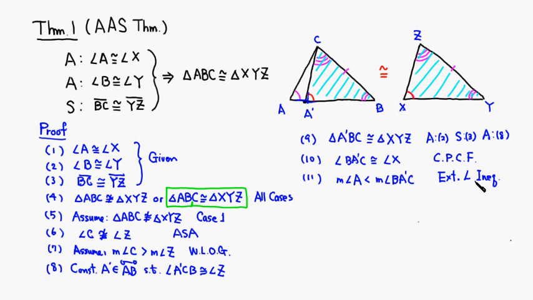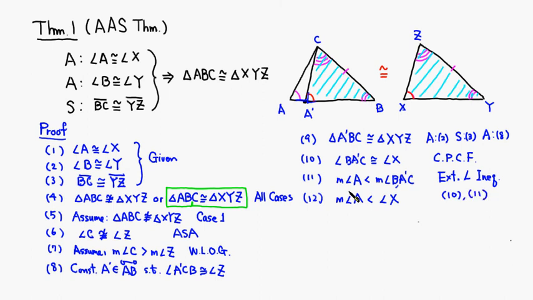Then we can combine these two, number 12, combine line 10 and line 11. B A prime C is congruent to X, and A is smaller. So the measure of angle A is strictly smaller than the measure of angle X. This is just combining line 10 and line 11.